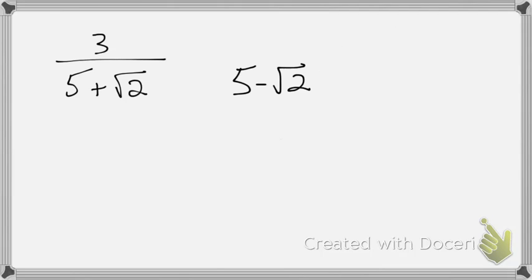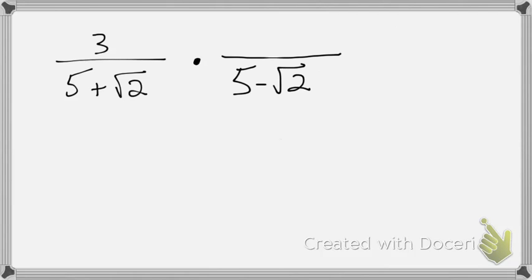Alright? So, we can use this conjugate to get rid of that square root of 2. Because remember, we cannot have that in our denominator or the bottom. That doesn't work. Okay? So, we can multiply it times the denominator. Now, what you do to the denominator, you have to do to your numerator.